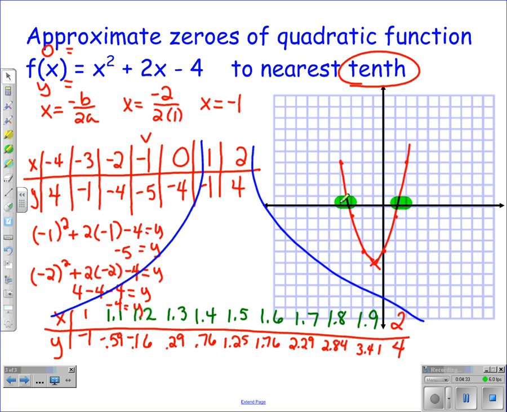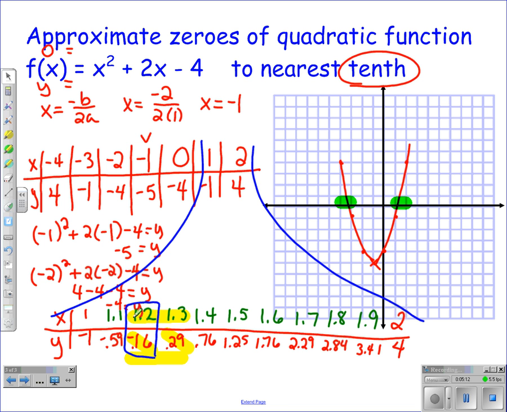Please notice, as we are looking at these two numbers right here, 1.2 and 1.3, where we jump from a negative number to a positive number, what you have to consider is which one of these two y's is closer to 0 in terms of distance. Negative 0.16 or 0.29. Hopefully you realize that this negative 0.16 is closer to 0 than 0.29 is.